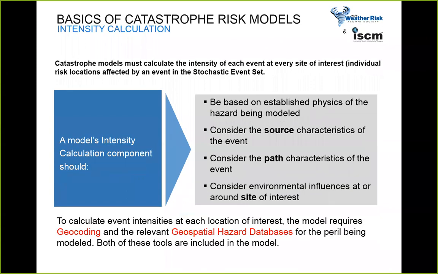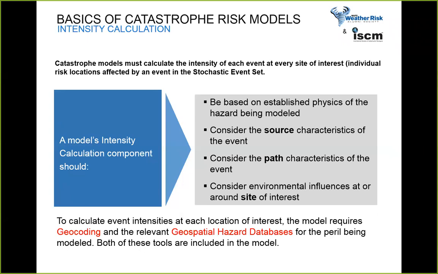The second building block of cat risk models is the intensity calculation. So this really goes in tandem with the event set generation. It's easier to talk about it by separating it out, but as I mentioned, this is often combined with event set generation into the hazard module.